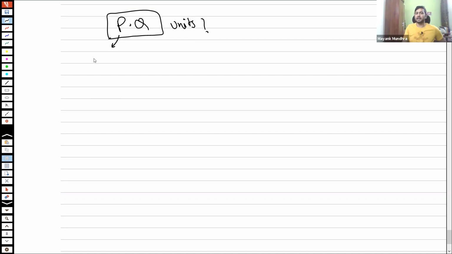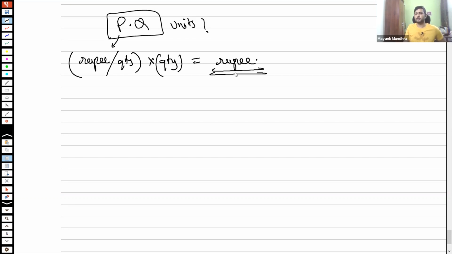Rupees, because price is rupees per unit, and you multiply it with quantity. So the units of welfare is rupees, which is very nice. You see, I can say the welfare loss is 1000 rupees, 1000 रुपए का नुकसान है.